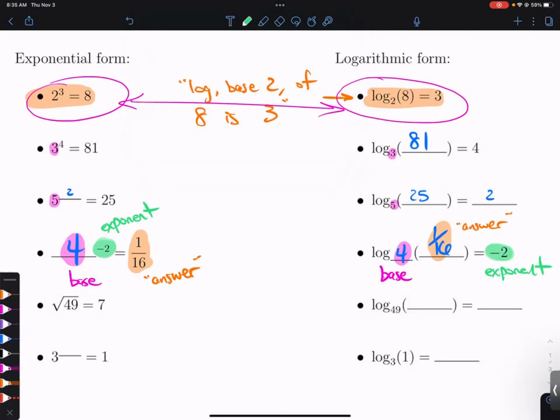For the log though, it's the thing that you take the log of, right? And what that gives you back is the exponent. So what a logarithm gives you is a power. It's an exponent.